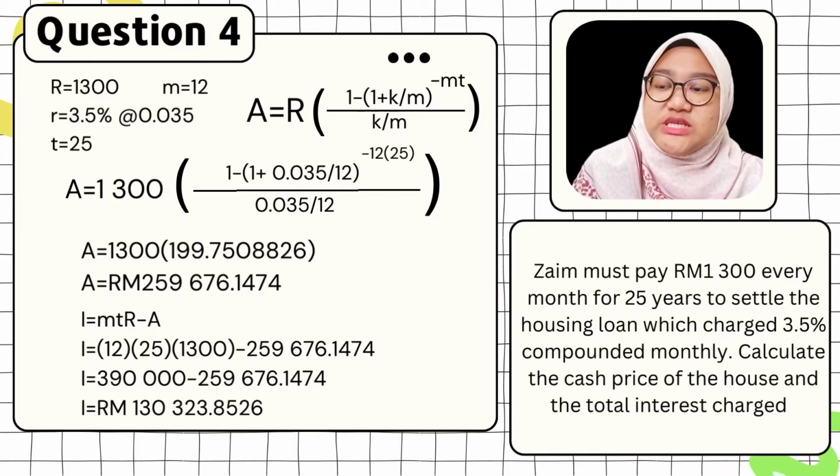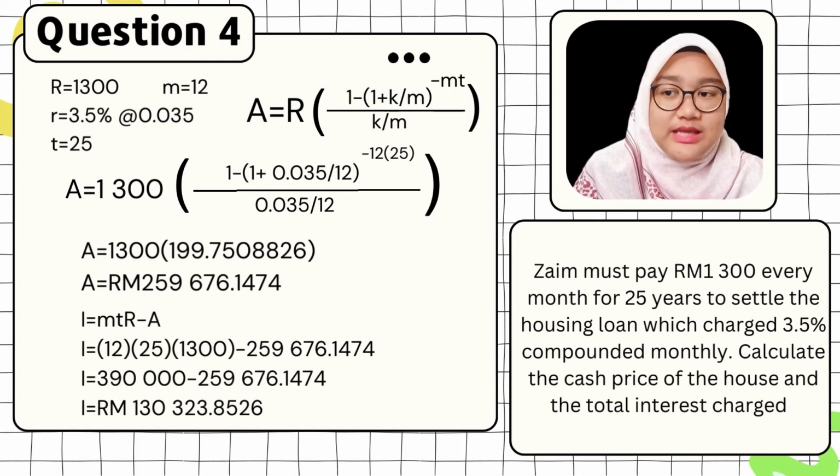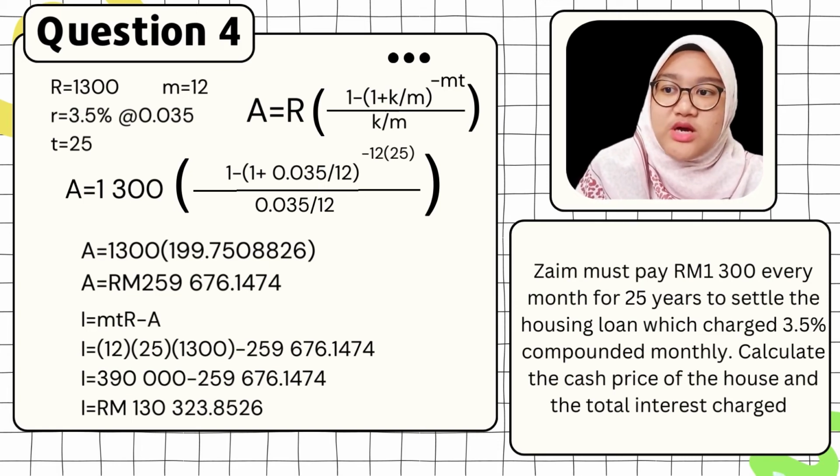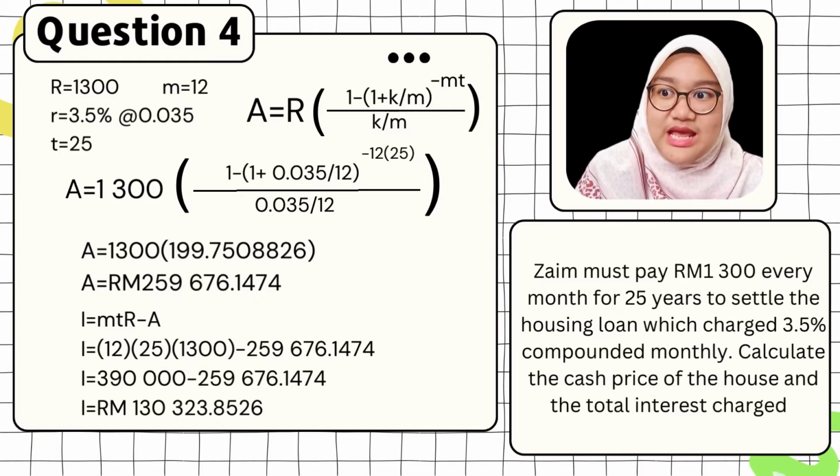So you just need to insert the values into the formula, and the answer that you will get is 259,676 ringgit and 1474 cents.